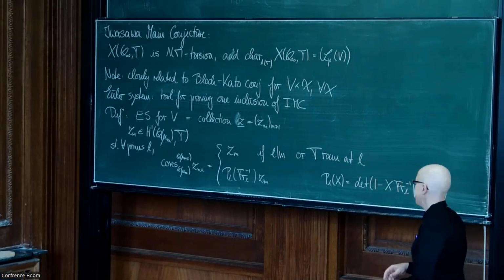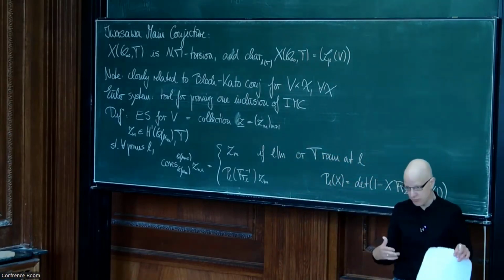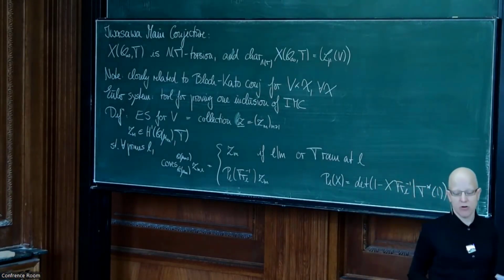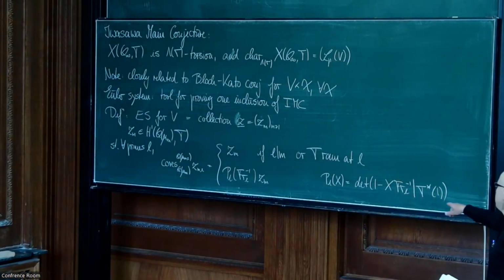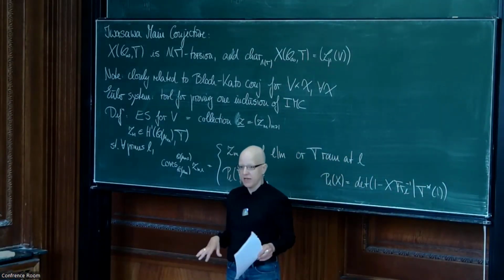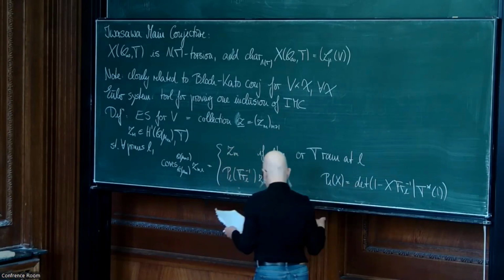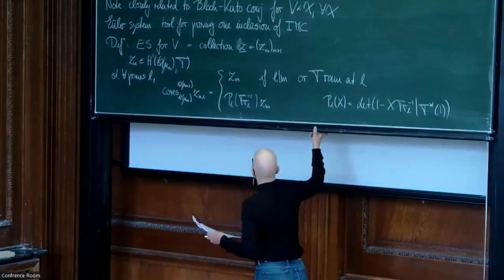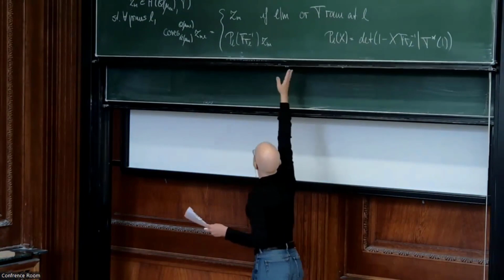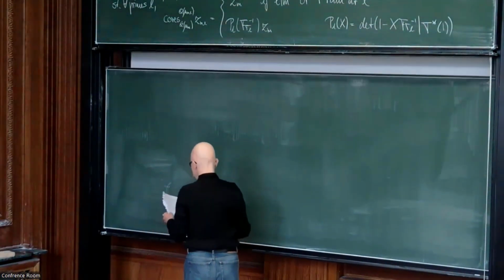These are precisely the terms which appear in the definition of the L-function of the dual representation. So in some sense, one should think of an Euler system as a kind of cohomological incarnation of the L-function of the Tate dual.